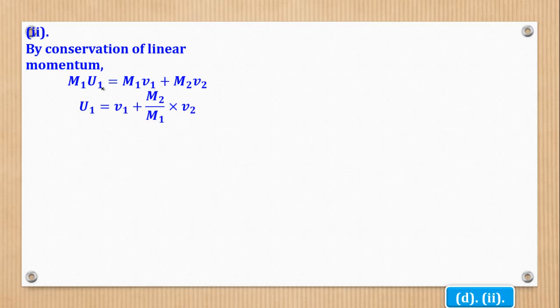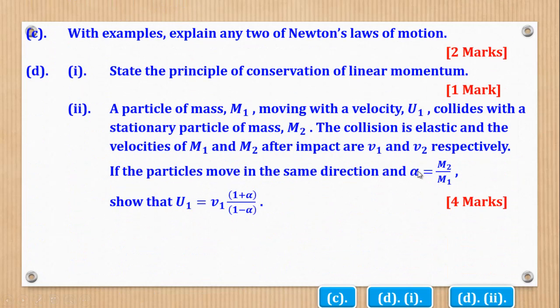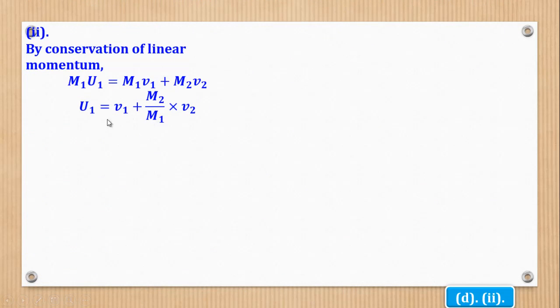Then dividing throughout by M1, we will come up with this. Why do we divide by M1? It is because the alpha which was given was M2 over M1. So M1 was a denominator. That is why we chose to divide by M1, so we can easily substitute for alpha.